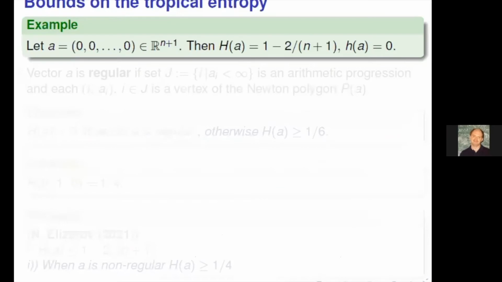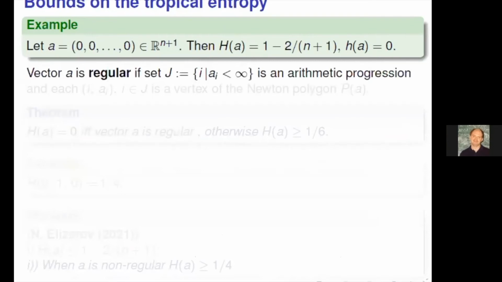Okay, so let's come back to our example, which we considered before, of a vector of all zeros. Then the entropy equals the fraction 2 over n plus 1, and the minimal one vanishes.